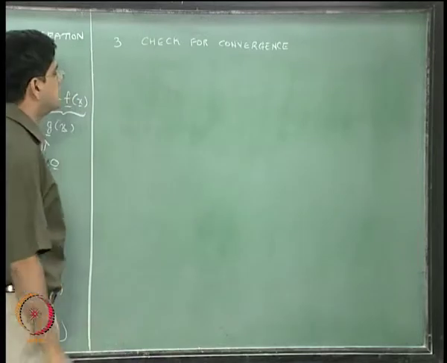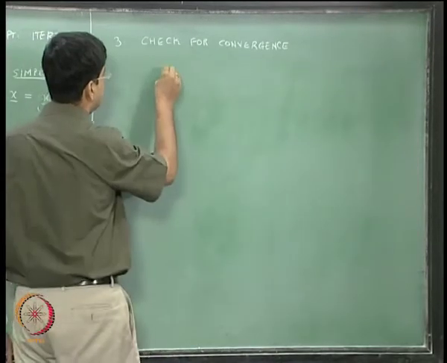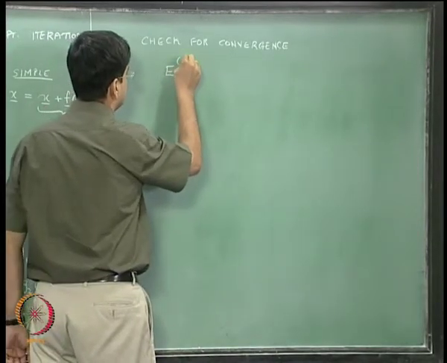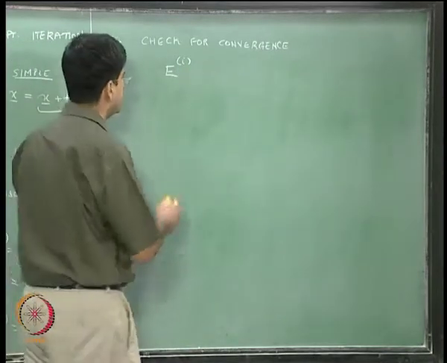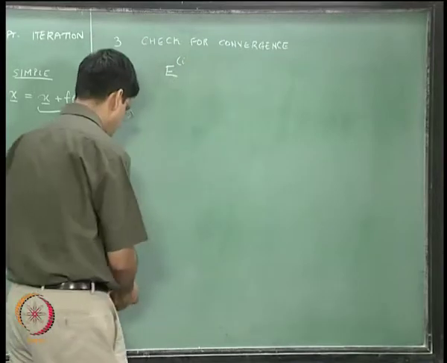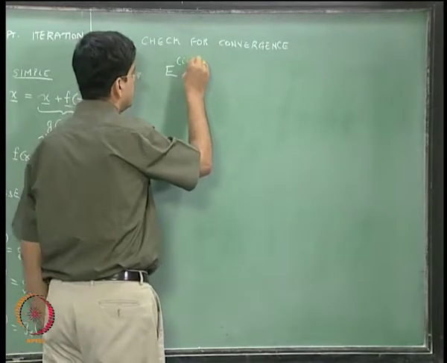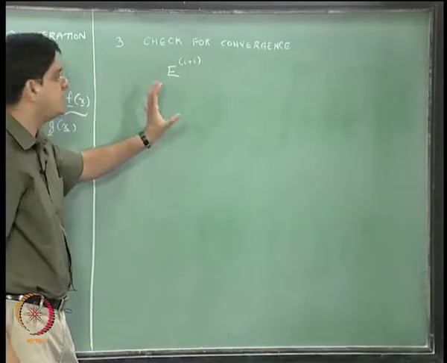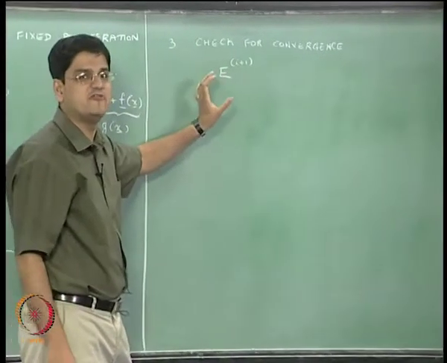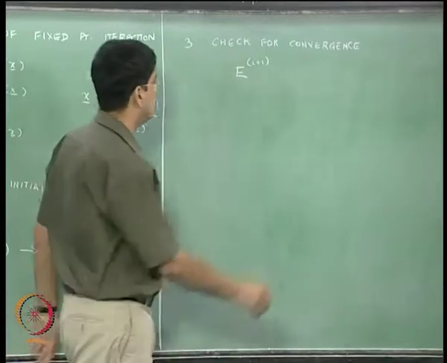Okay, and in this particular case we are going to define our error, or rather we should say E i+1, keeping in touch with what we were doing in earlier lectures. E i+1 is going to be defined for each variable: for x1, x2 and so on up to xn.